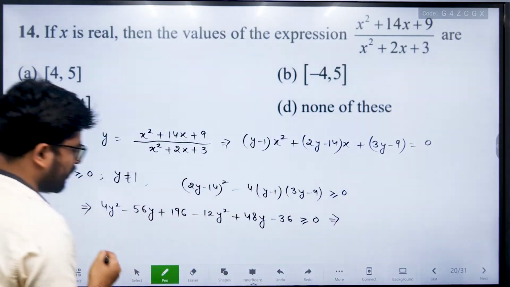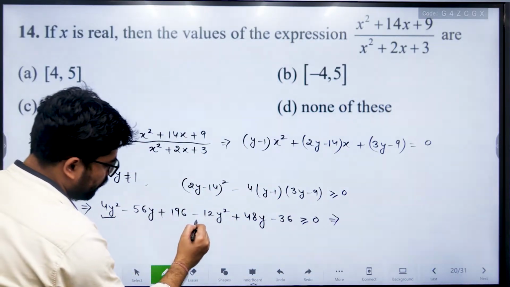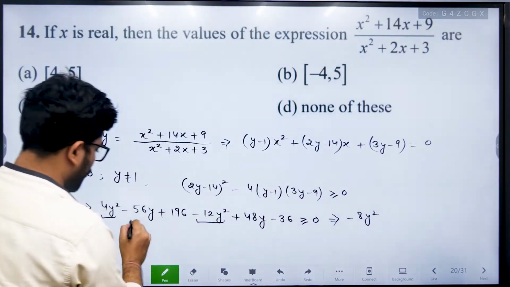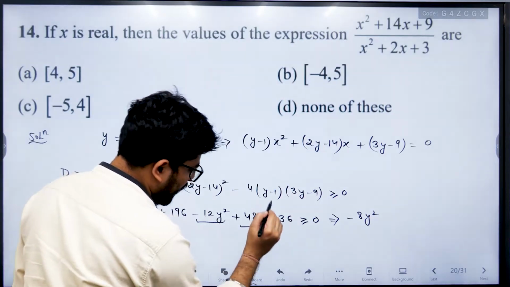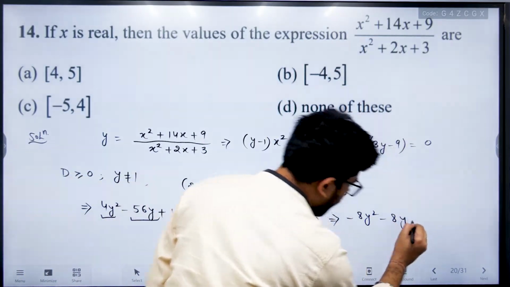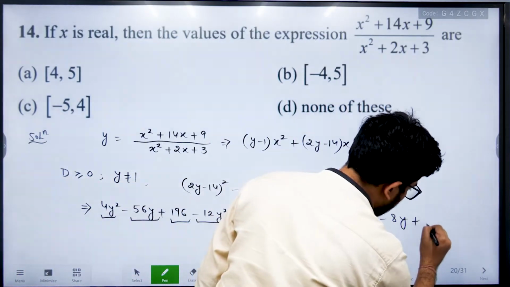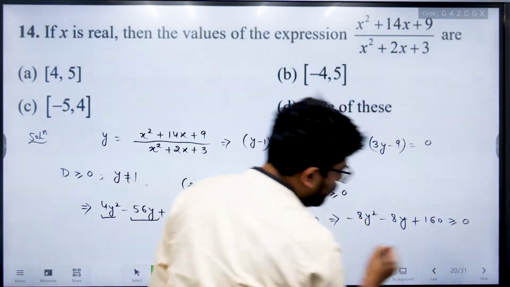Simplifying, you will get 4y square minus 12y square, that is minus 8y square, minus 56y plus 48y, so minus 8y, and 196 minus 36, so plus 160, greater than or equal to 0.